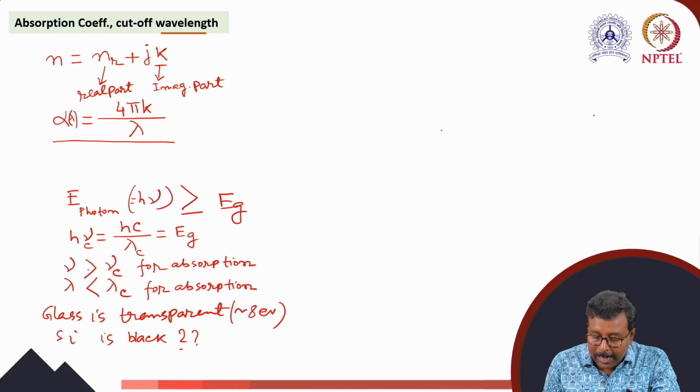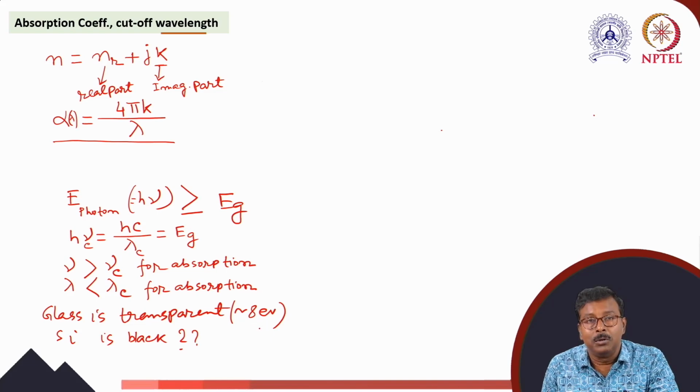So corresponding to that wavelength, the energy is not sufficient to become greater than 8 electron volt. That's why all light in the visible wavelength range will pass through the glass. So it looks transparent.